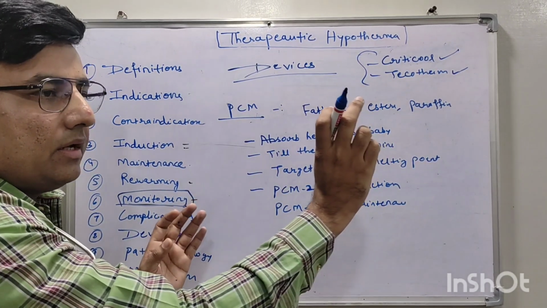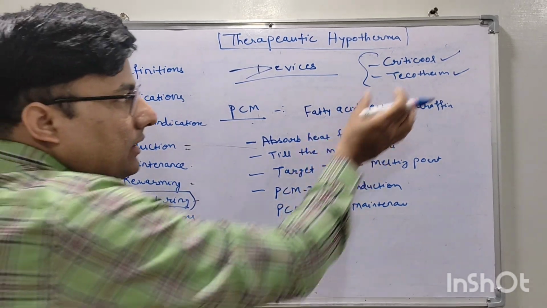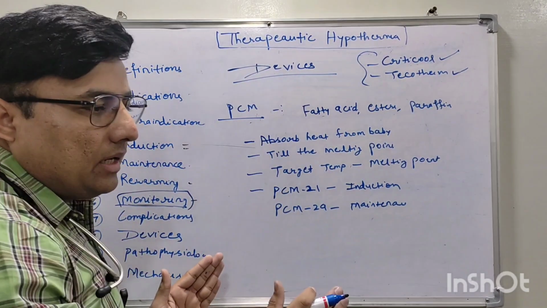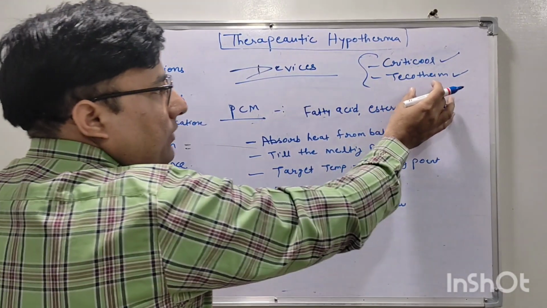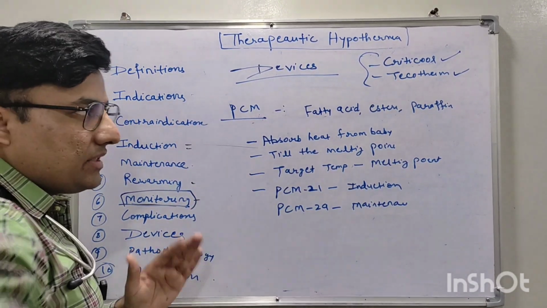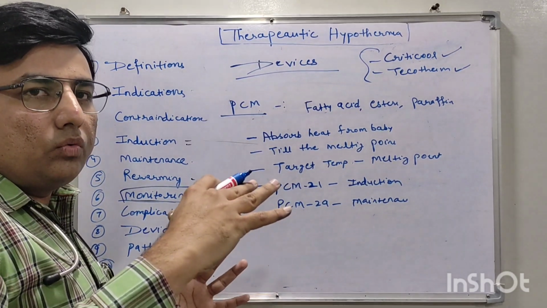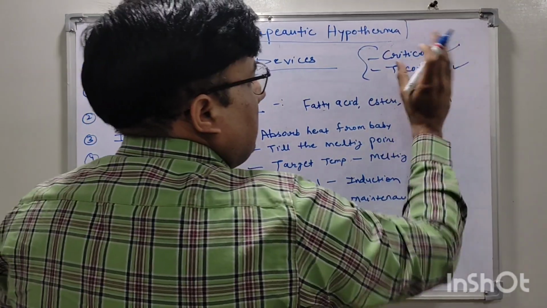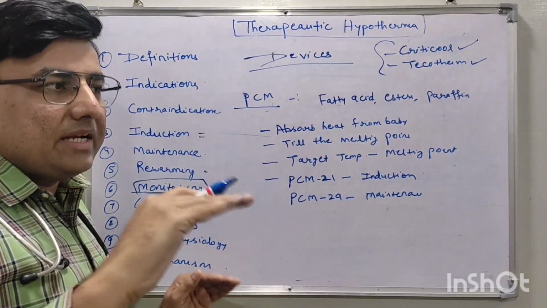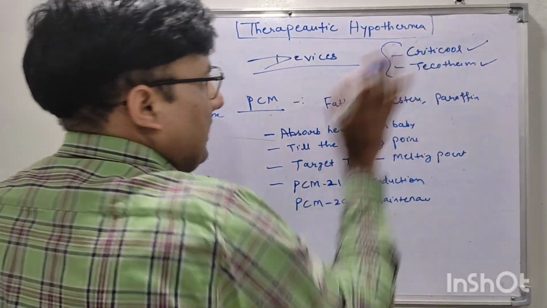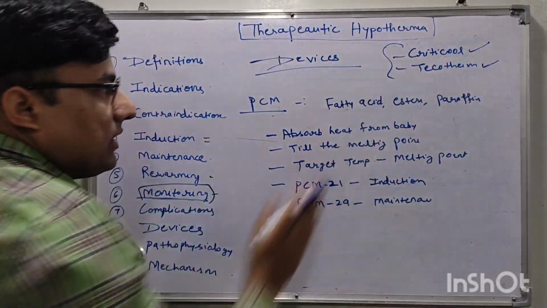We have to set the target temperature and they will cool rapidly to the desired temperature, and rewarming is also completely automated; we set the target temperature and they will do slow rewarming. Here temperature fluctuations are less and temperature maintenance is good. But these are very costly.